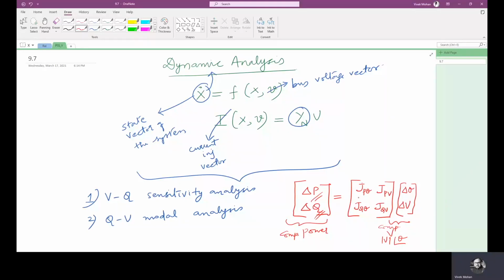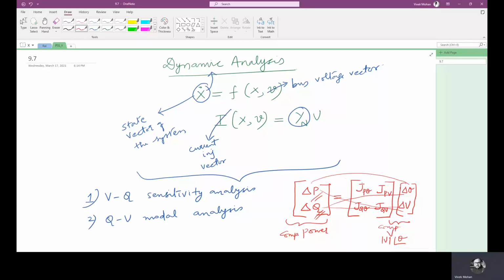We know that there is a strong coupling between P and theta, right? And there is a weak coupling between Q and theta. There is a weak coupling between P and V. There is a strong coupling between Q and V, right? So all these relations are taken into consideration with this static analysis.